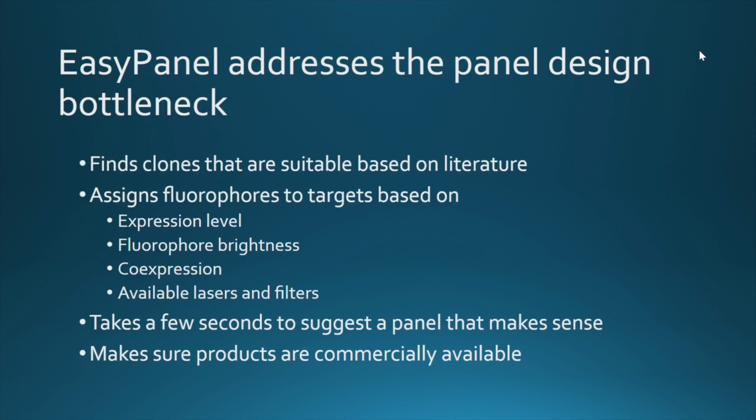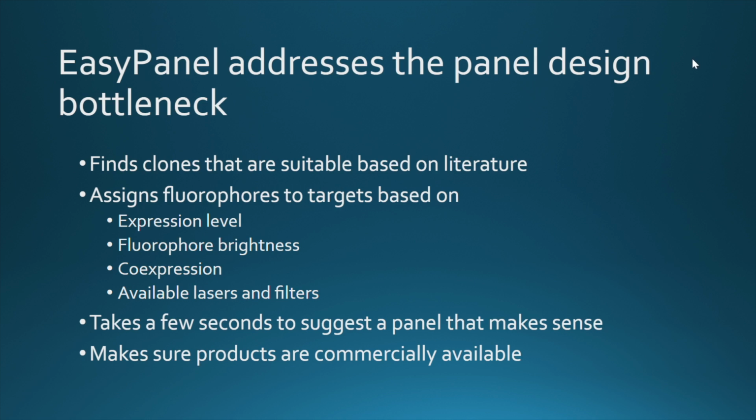So again, just to list all of these, I would also add, besides the expression level of the markers and how these markers are matched to fluorochromes in terms of brightness, again, low expressed markers matched with bright fluorochromes and vice versa, it is nice to account for co-expression if you know the biology.